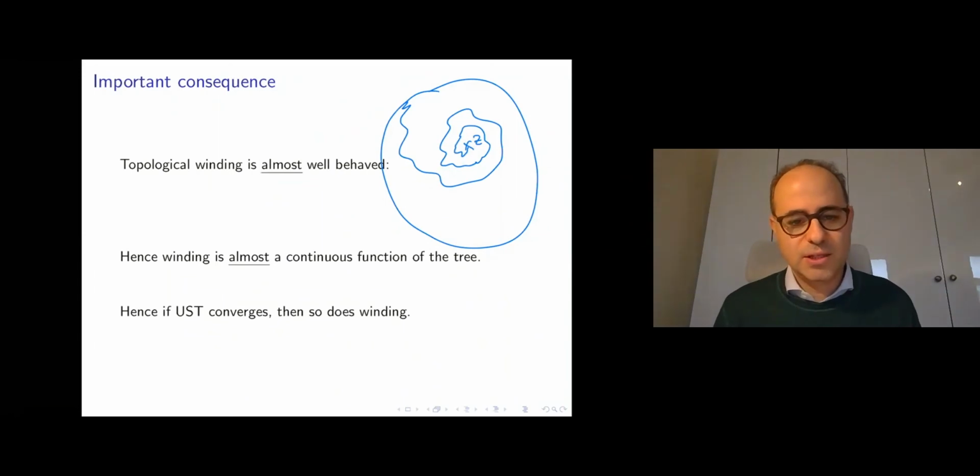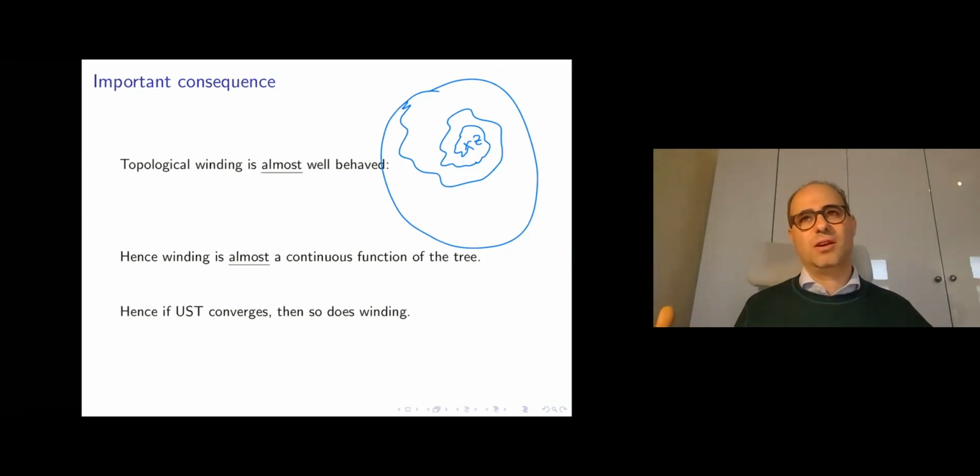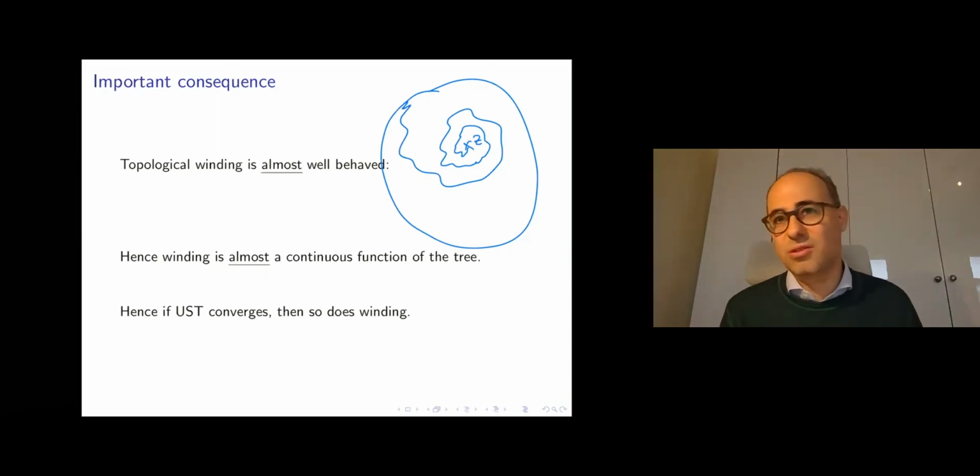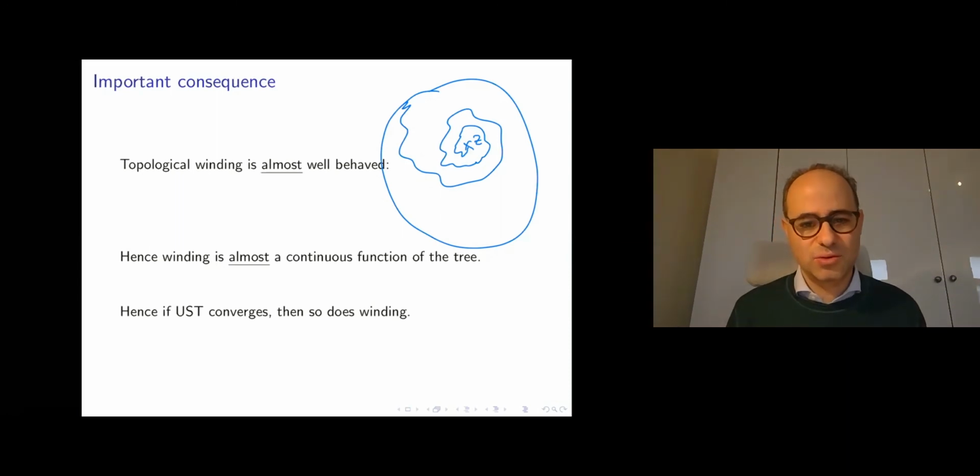That's basically a well-behaved object. So I want to say that if I have a path that is converging towards a continuum path in a suitable sense, then the topological winding is, except for what's happening at the very end of this path, basically well behaved. The consequence is that if I have a discrete tree that is converging towards a continuum tree, then the winding of this tree is almost a continuous function of this tree.